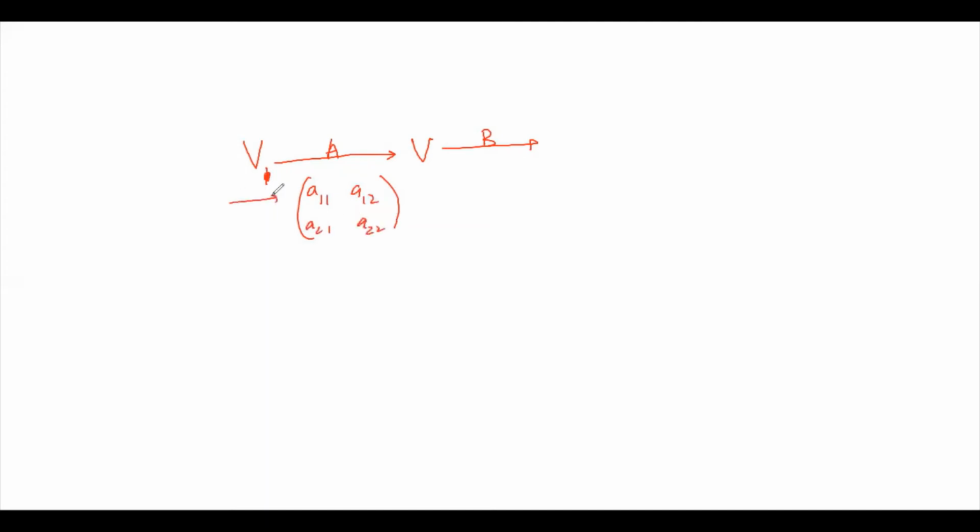This is the first row, this is the second row. And similarly, matrix B has a representation B11, B12, B21, B22.